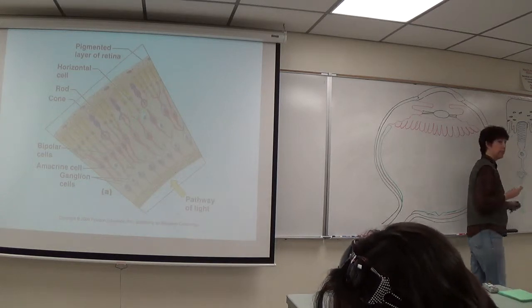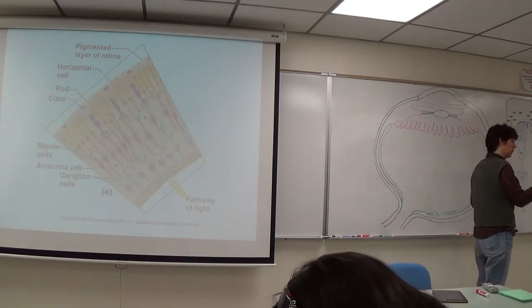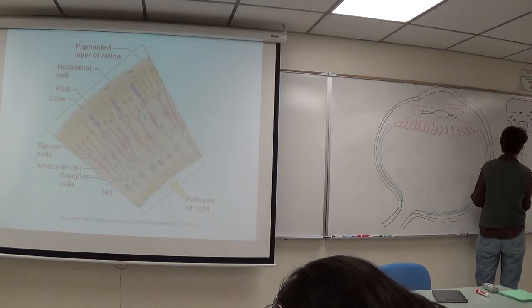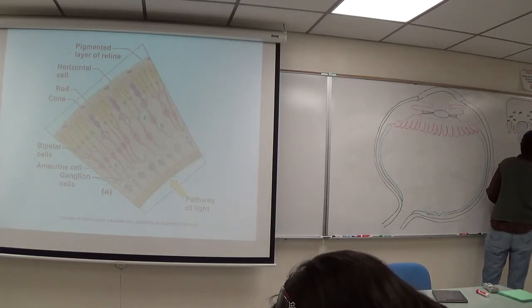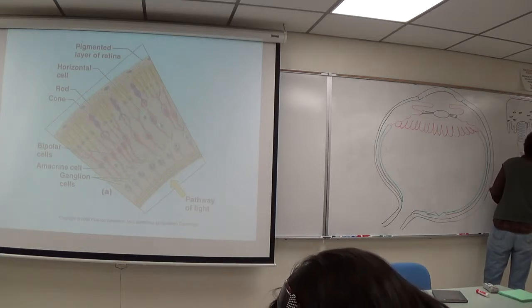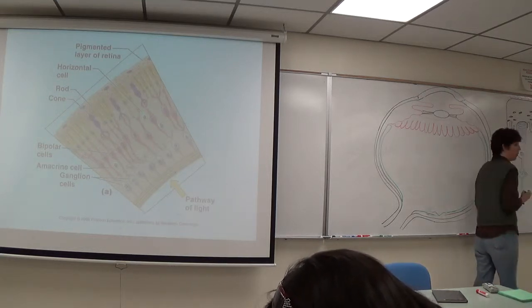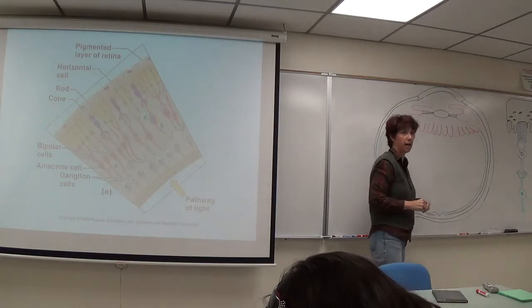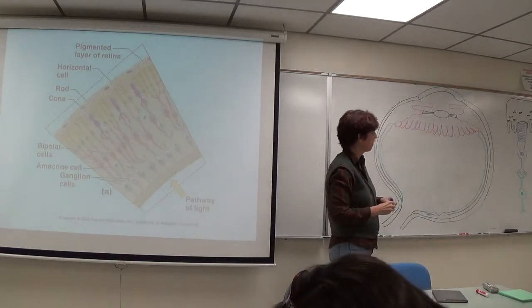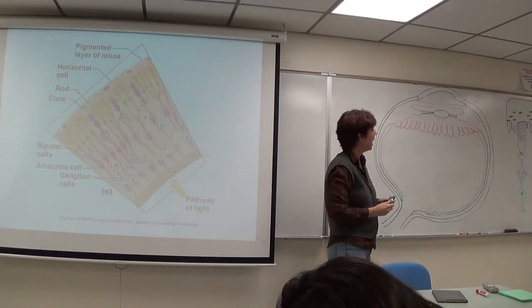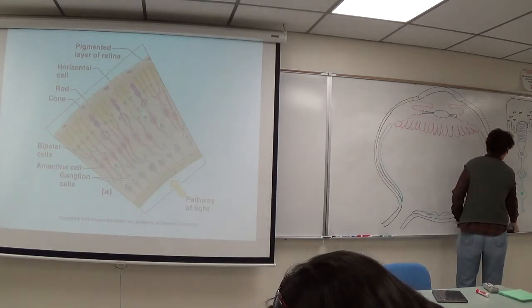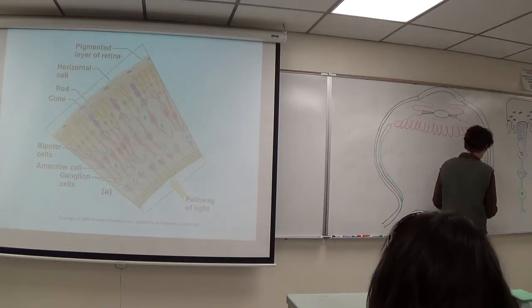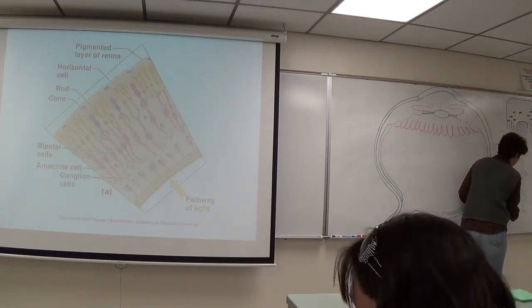Remember we had bipolar cells in the olfactory pathway, and we have bipolar cells in our retina, and these would be the first order neurons of our visual pathway. And then those bipolar cells, the second order neurons, are identified as ganglion cells.